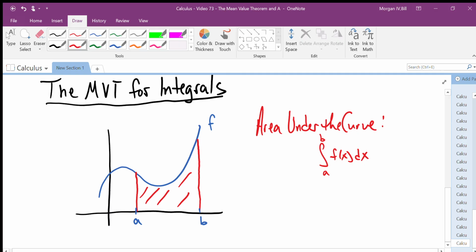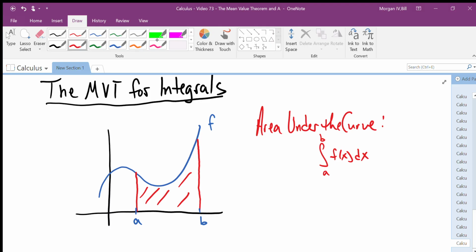The mean value theorem for integrals says this. We can create one rectangle, not lots of rectangles, just one rectangle that has the same area as the area under the curve along that same interval from a to b, as long as our function is continuous.